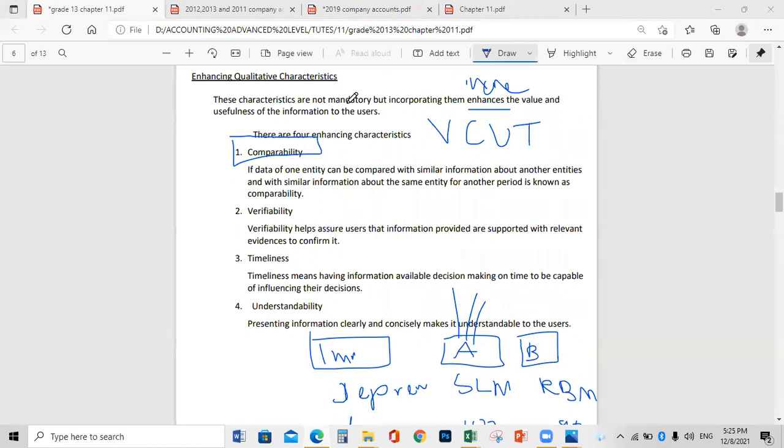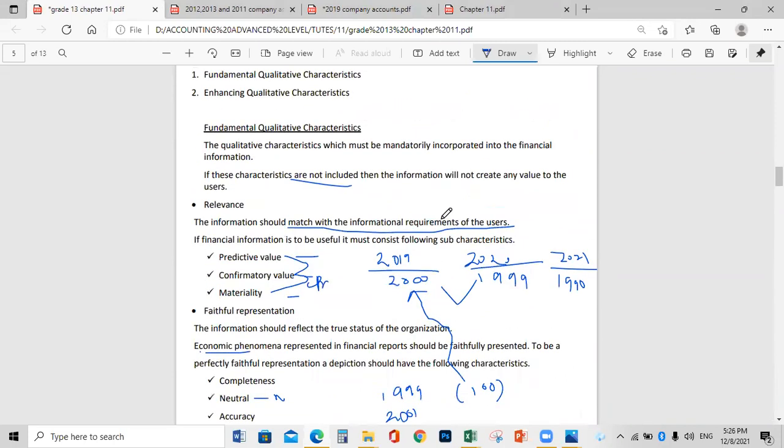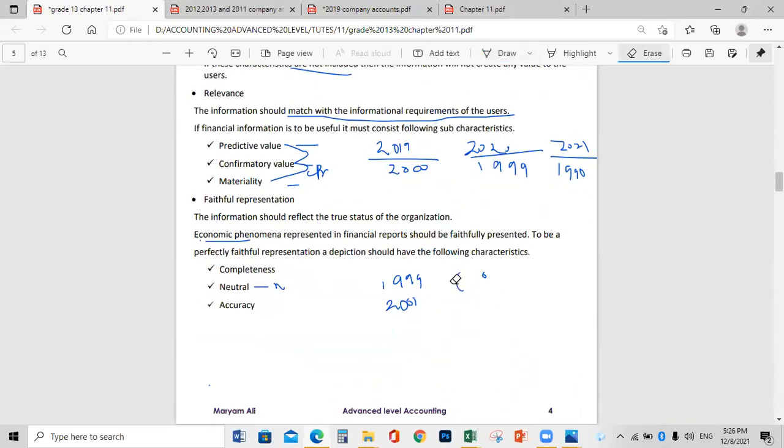And not only that, you should make sure, guys, when it comes to comparability, there are two things. One is it should be able to compare information about the similar entities. Not only that, it should be able to compare the same entity for another period. Guys, let's say in 2019, you are following straight line method. In 2020, you're following reducing balance method.